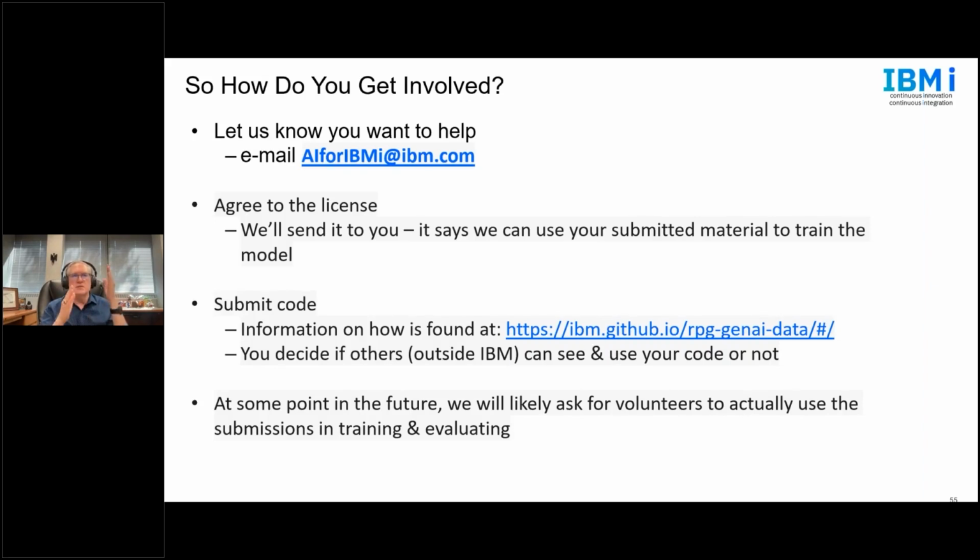Send an email to this AI for IBMi at IBM.com, and then we will contact you and say, okay, if you want to contribute code, here are ways that you can do it, and we need you to sign a license. It's sort of like agreeing that you're going to have an open source license attached to this piece of code, because eventually we have to use your code to train our model, and we need your permission to do it.